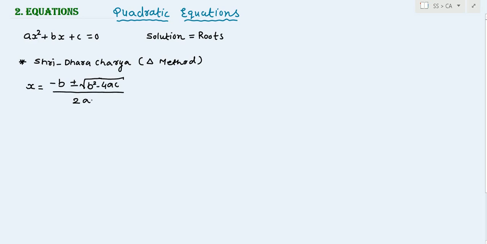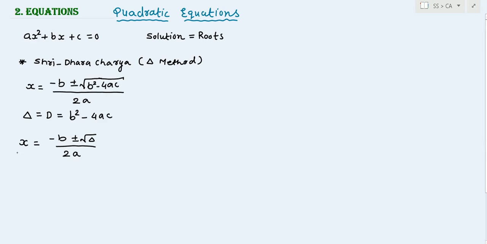Okay. Now, if we say delta equal to D, is equals to b square minus 4ac, then the solution set of the equation is x is equals to minus b plus or minus under root of delta upon 2a.